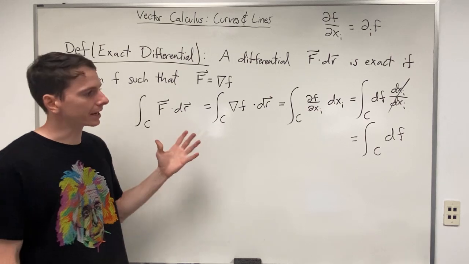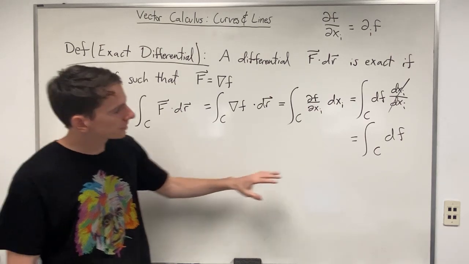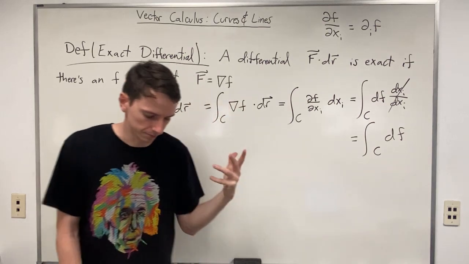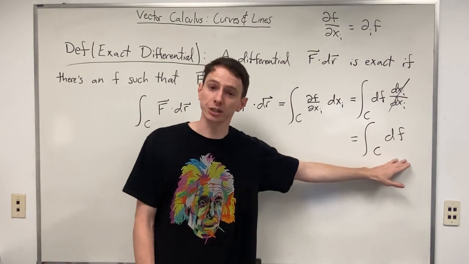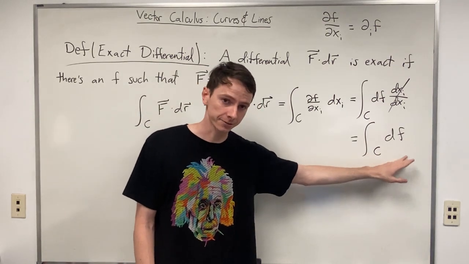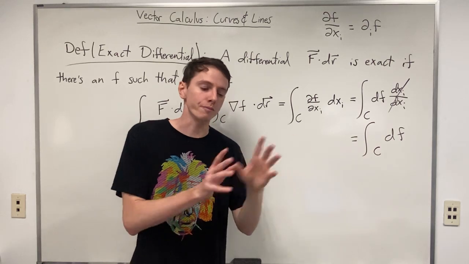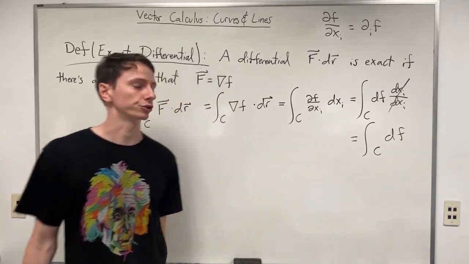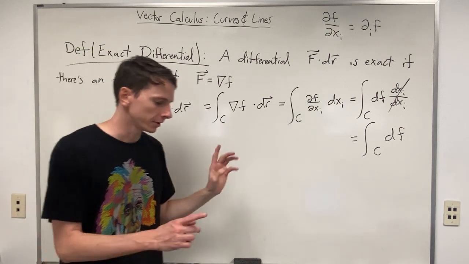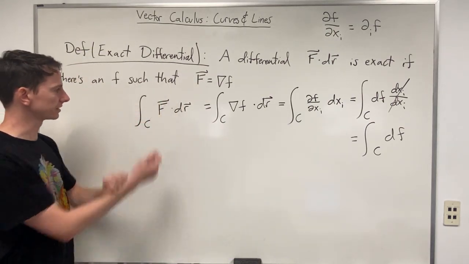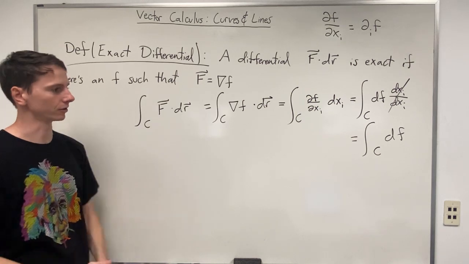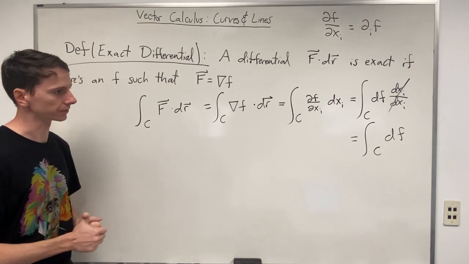So if you can express your line integral like this right here, that is another method you can use to recognize that you're integrating along a conservative vector field, even if you're not explicitly provided the vector field and the path specifically.